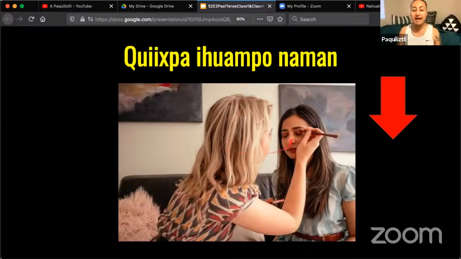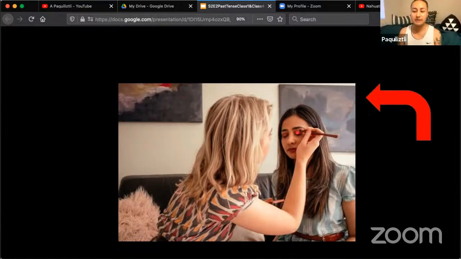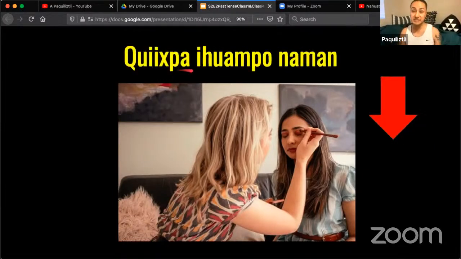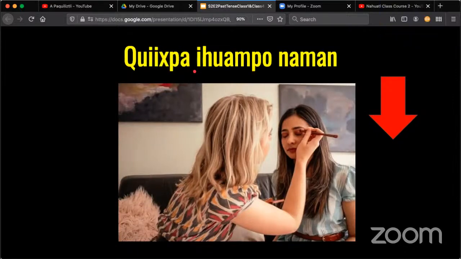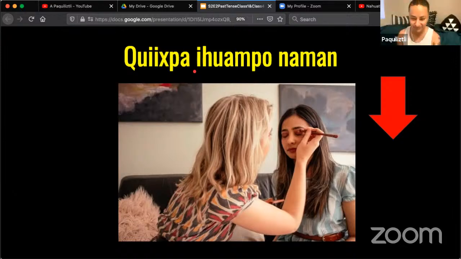Okay, ya ixpa iwampo naman ixpa. Okay, so notice this verb ixpa. Xikpatla ikatlempanok. So notice this verb ixpa. Quiixpahqui. Which one?